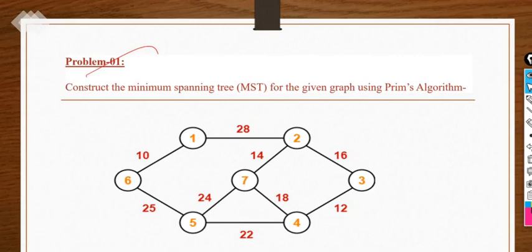Or it may be a theory question, like what do you mean by spanning tree, or explain the different algorithms for finding the minimum cost spanning tree. It's up to you, whatever the question is in the exam, you have to write accordingly. So each and every concept involved in the topic must be clear to you.